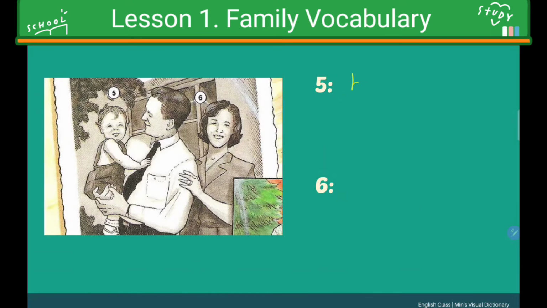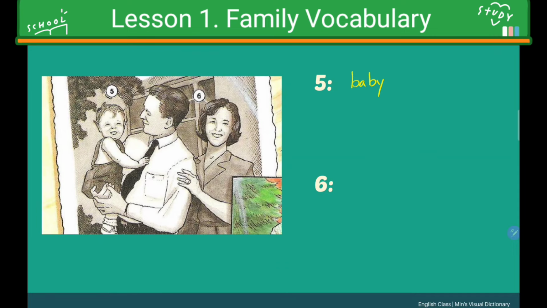And it's a baby. Baby. And the phonetic symbol for this one is like that. Baby. And there are many terms that we call a baby. When the baby is first conceived, when they are just cells, we call them embryo.